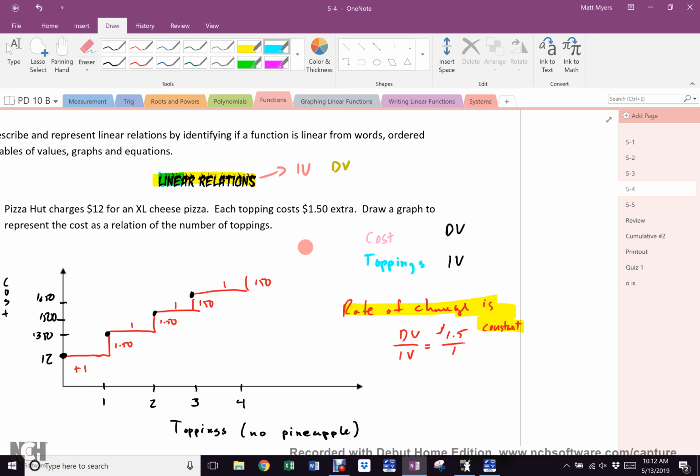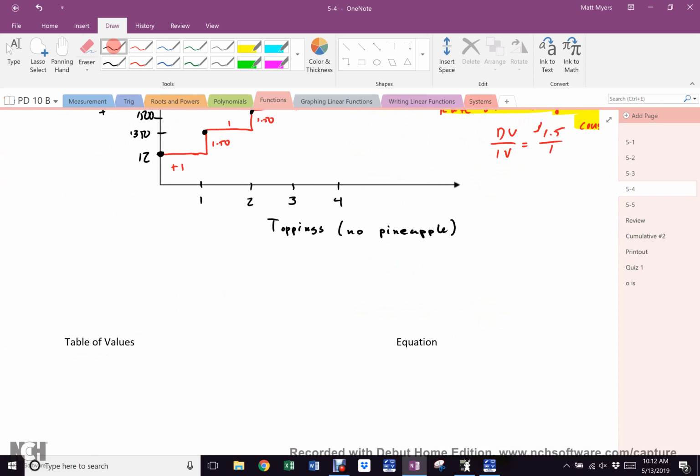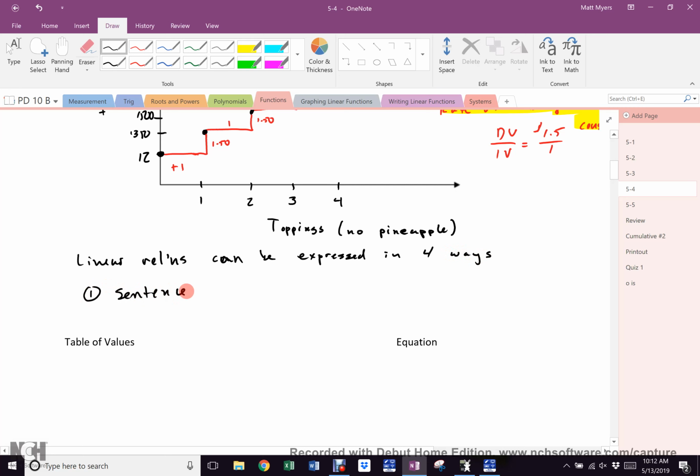Okay. Now, the next thing you need to be aware of is linear relations. Linear relations, and I'm so lazy I'm writing that, can be expressed in 4 ways. 1, a sentence. That was at the top of the page, right?